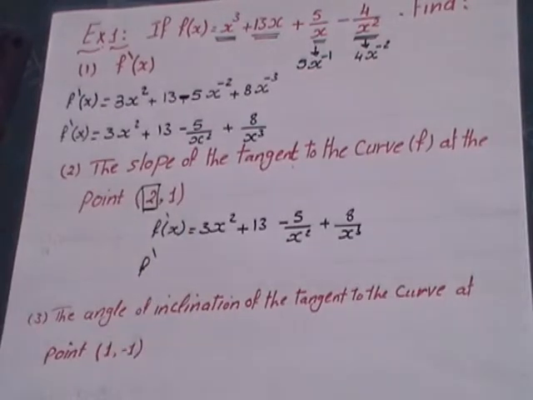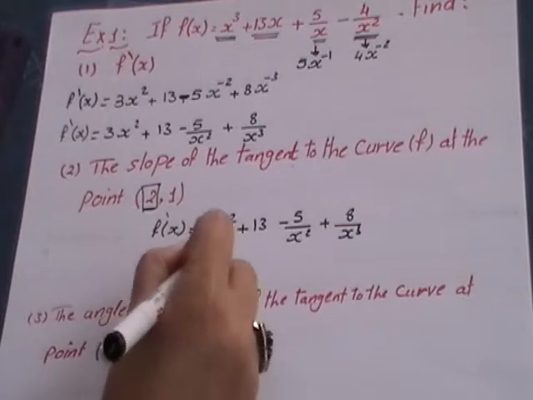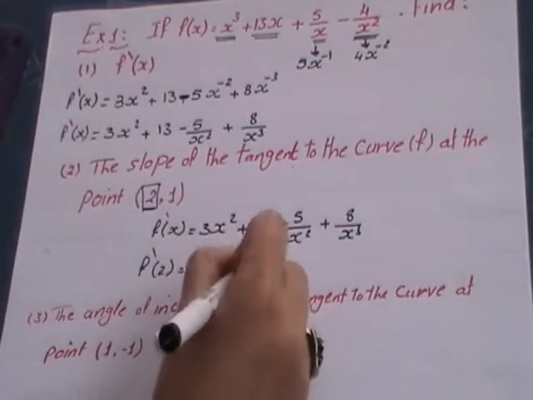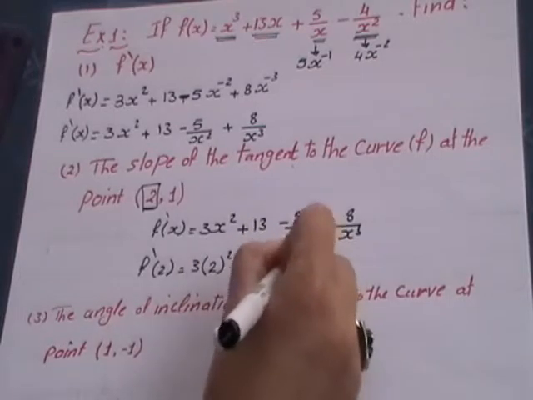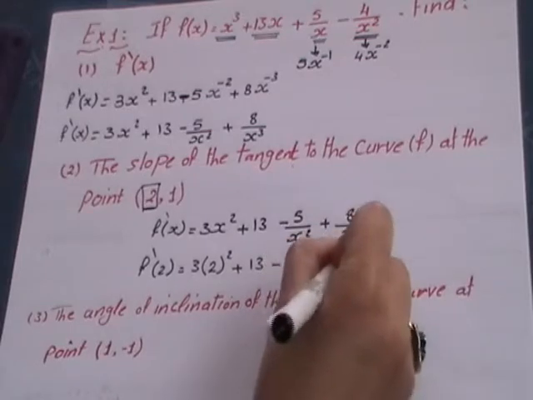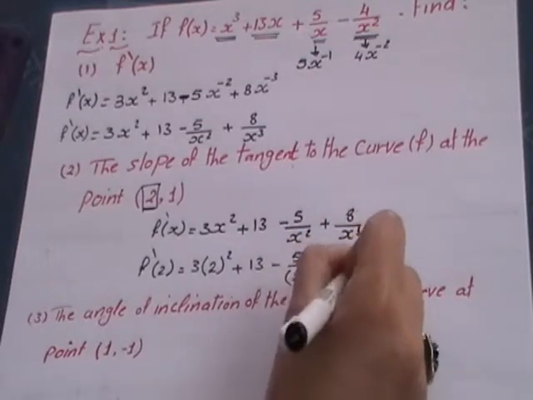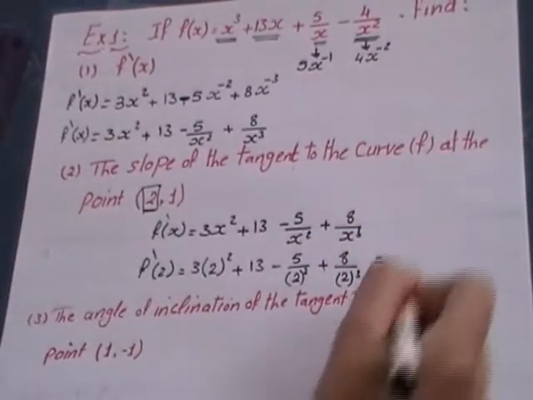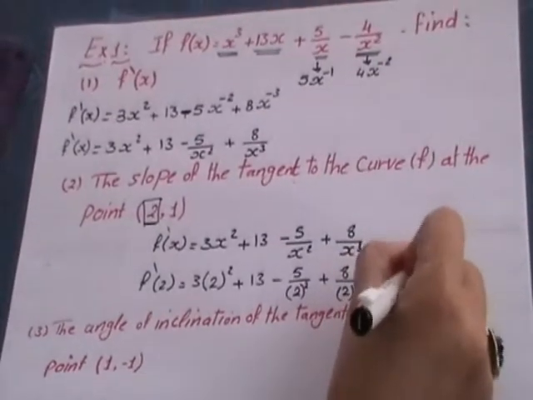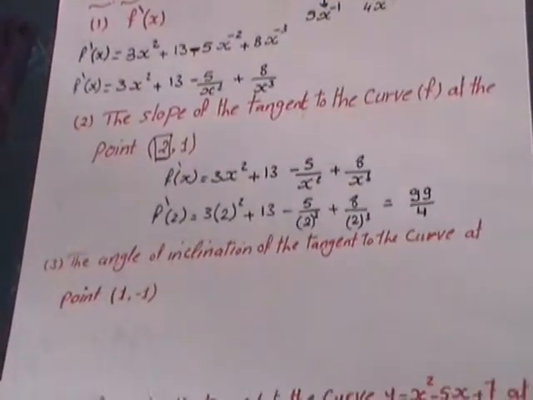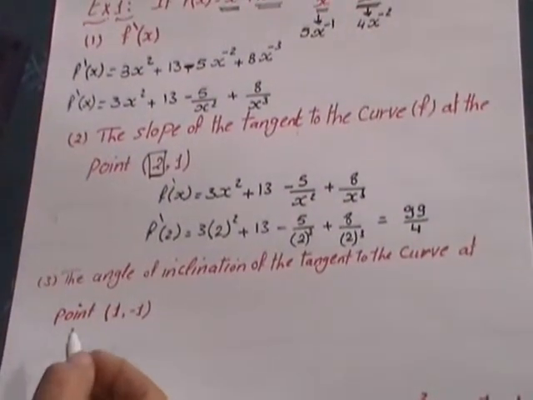So we find f dash of 2 equals 3 times 2 power 2 plus 13 minus 5 over 2 power 2 plus 8 over 2 power 3. So the final result of the slope will be 99 over 4. Okay? Let's go to the third question about this example.